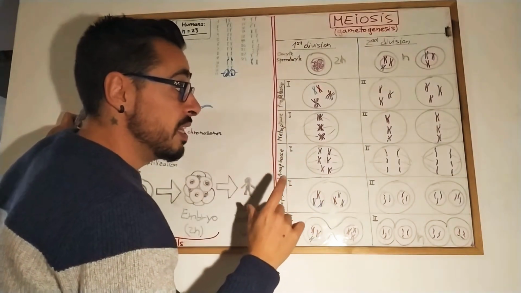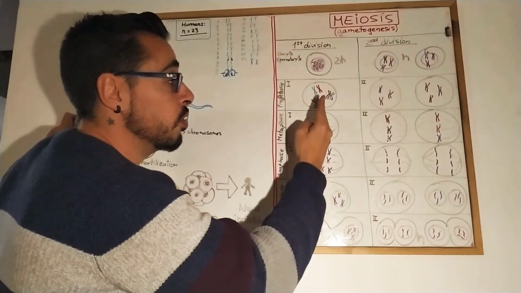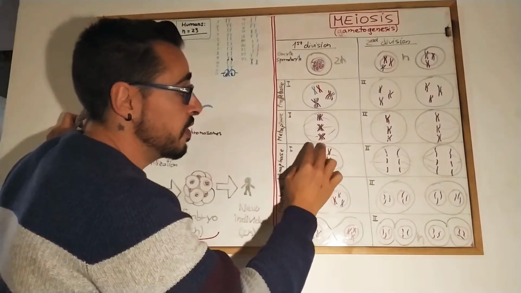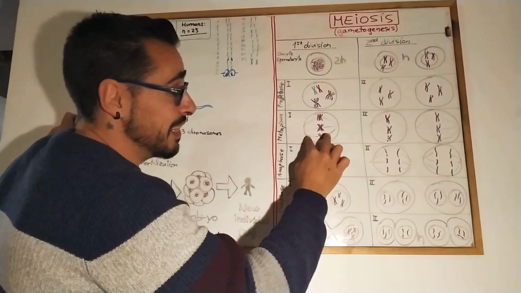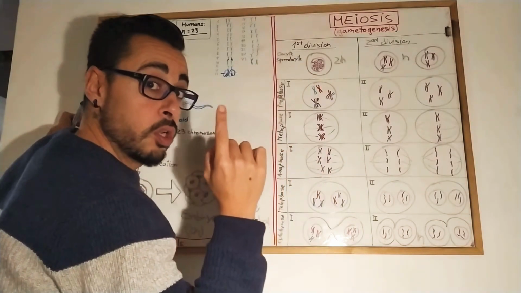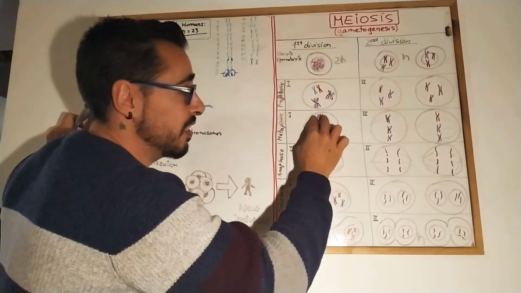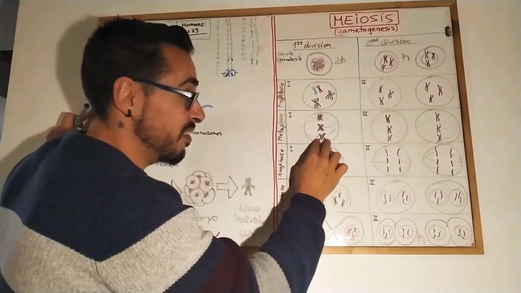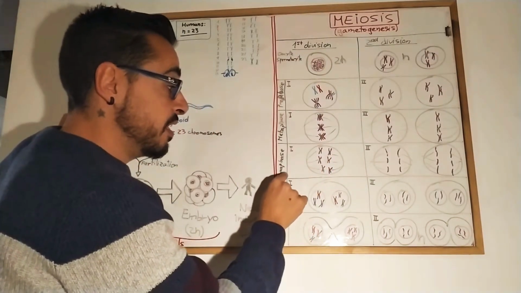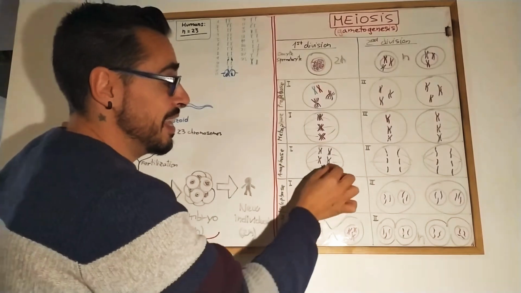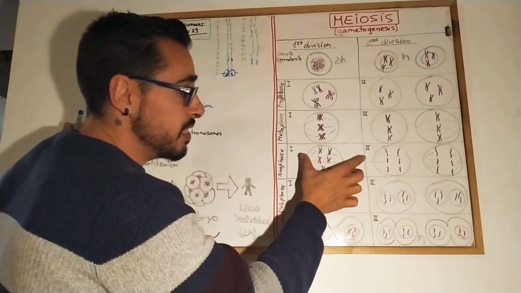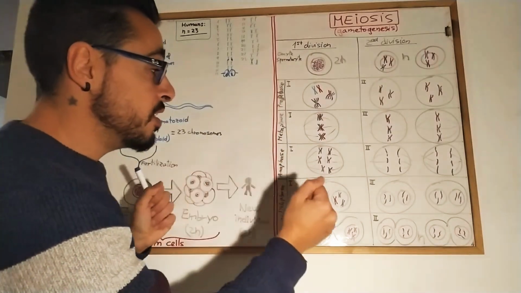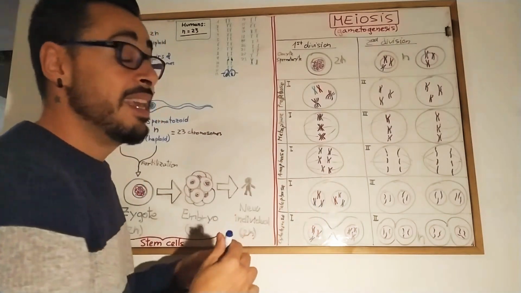In mitosis, the chromosomes went to the equator of the cell, but in meiosis, the homologous chromosomes are the ones that are going to locate here, the pairs of chromosomes. And during anaphase, the mitotic spindle is going to take the chromosomes to each pole of the cell.